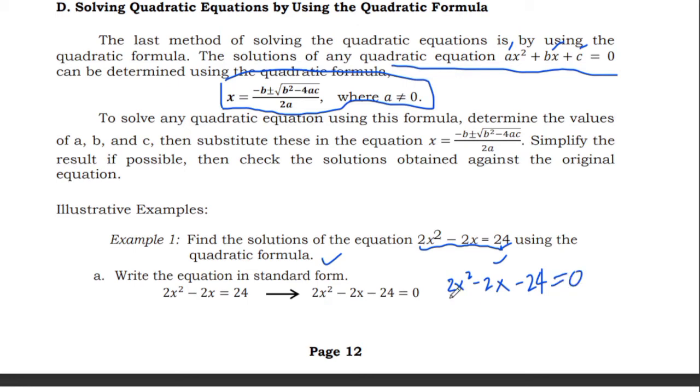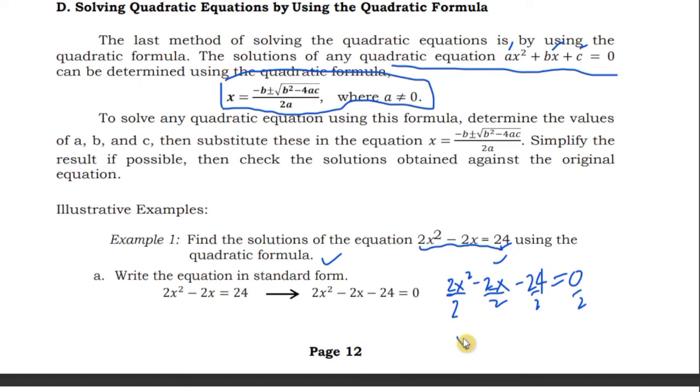Then since all of the terms are divisible by 2, we're going to divide everything by 2.